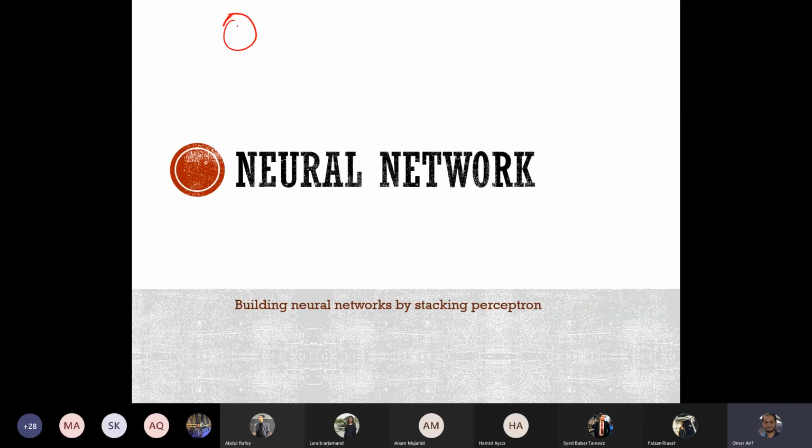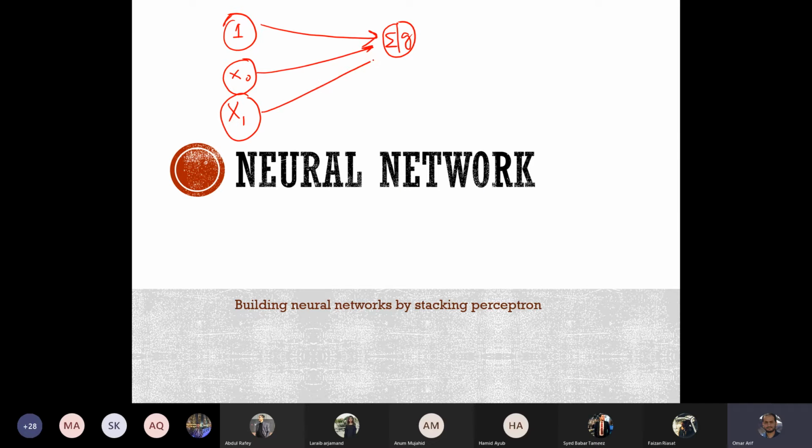Okay, so this is my input, and this is one neuron that I have here. This neuron takes the sum, applies some activation function, and this is the output, let me call it h1.